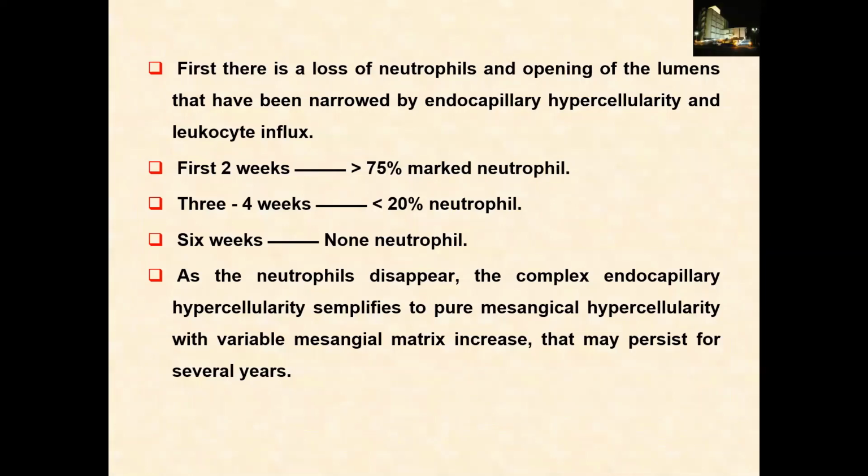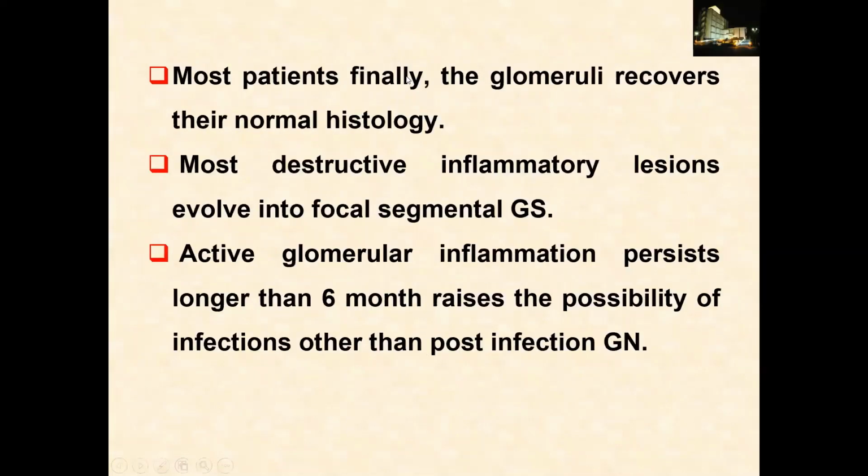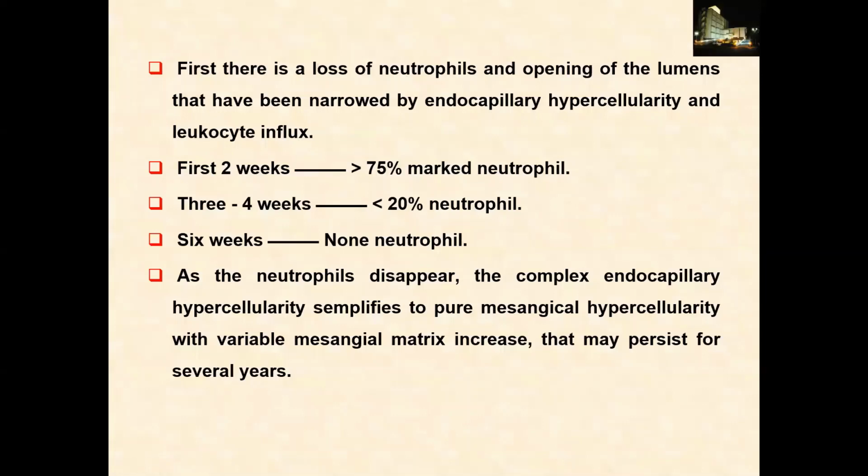In the course of post-infectious glomerulonephritis, first there is a loss of neutrophils and opening of the lumen, which was engorged and occluded by numerous neutrophils, narrowed by endocapillary hypercellularity and leukocyte influx.